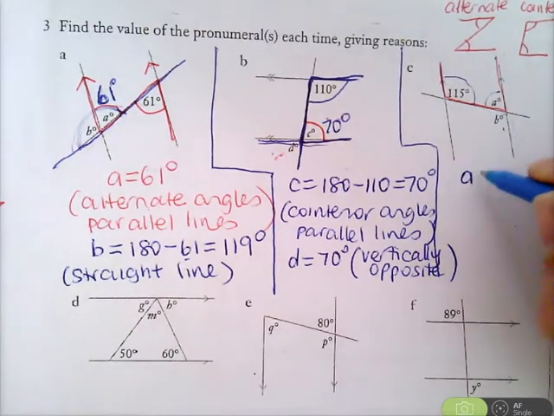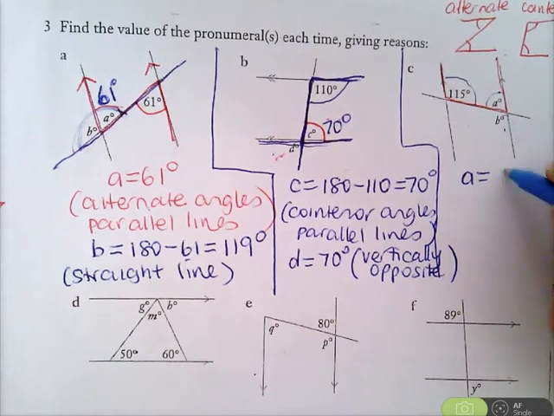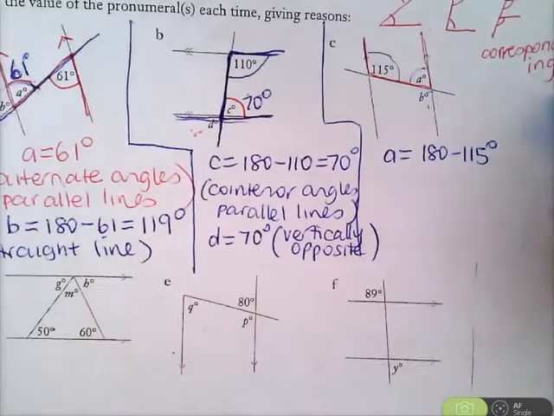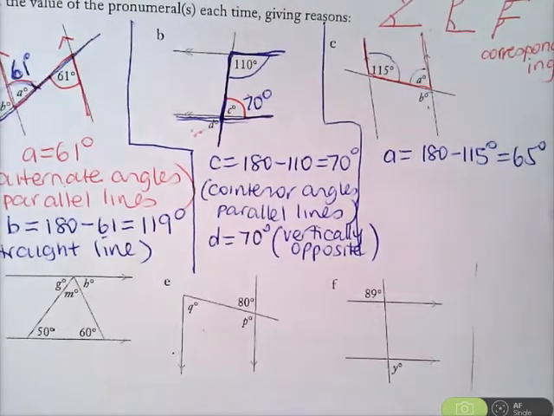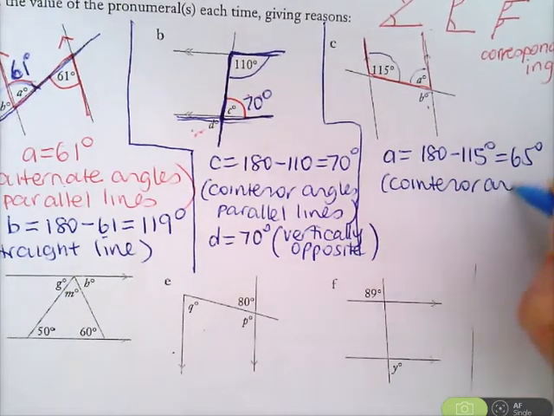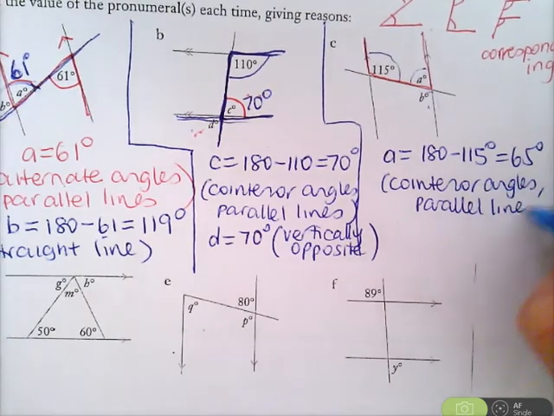So what we know is that 115 and the A add up to 180. So A is 180 minus 115, which is 65 degrees. Reason, co-interior angles, parallel lines.